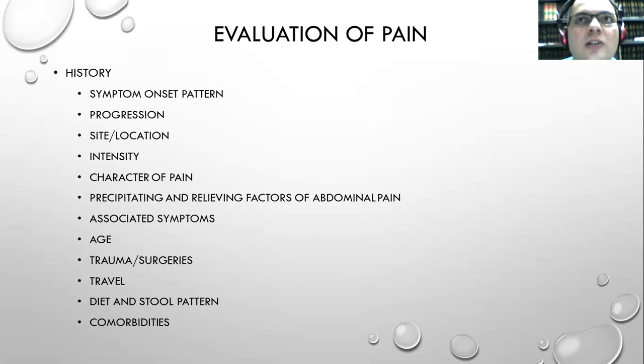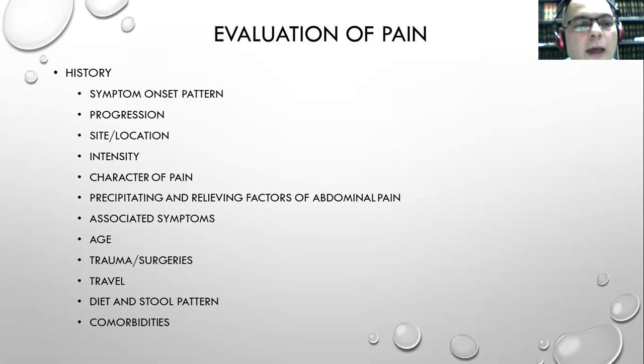If a child is 15 or 16 years old and is sexually active, then pelvic inflammatory disease or pregnancy related pain is common. If a child is too young, say preterm, then necrotizing enterocolitis might be very common. Or if the child is 1 to 3 months, infantile colic would be very common. So we need to know the age of the child.